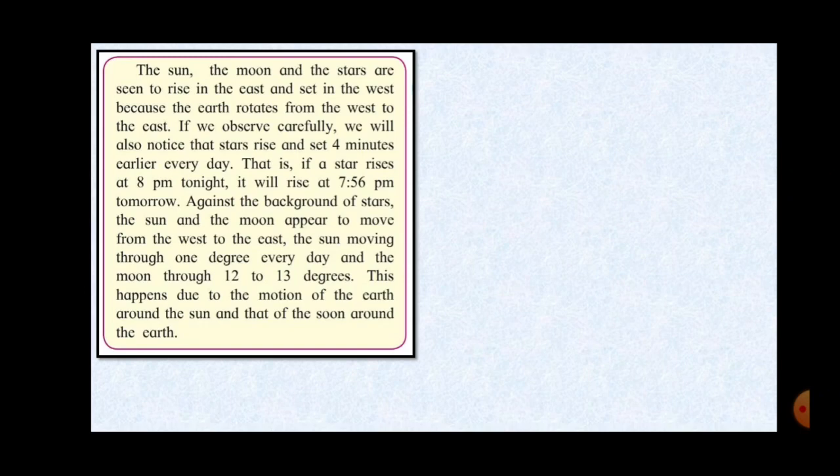That is, they move fast by 4 minutes every day. The example is given: if a star rises at 8 p.m. tonight, it will rise 4 minutes earlier, that is, at 7:56 tomorrow. Right? This happens due to the motion of the earth around the sun and that of the sun around the earth.